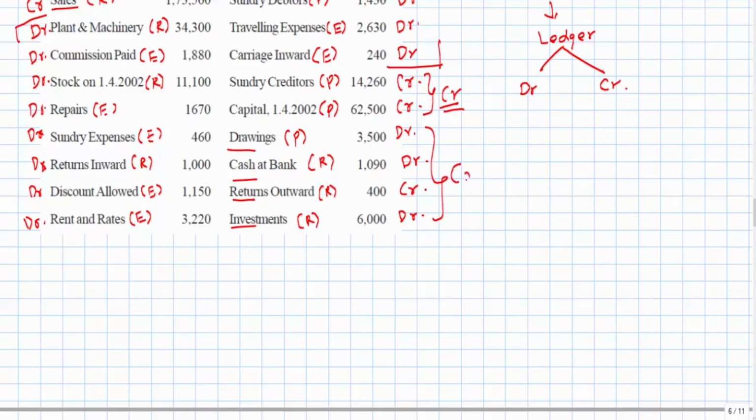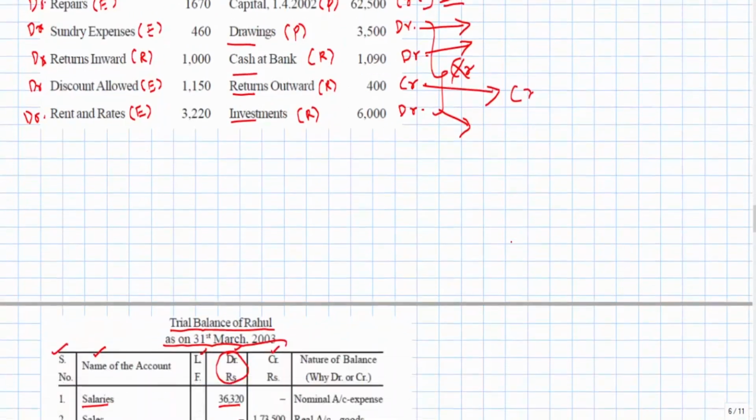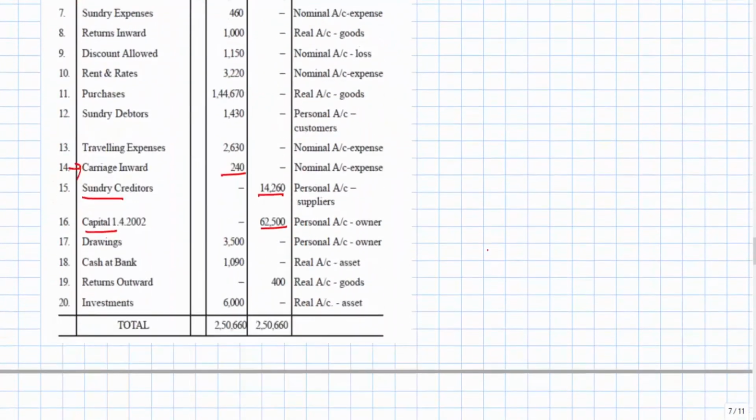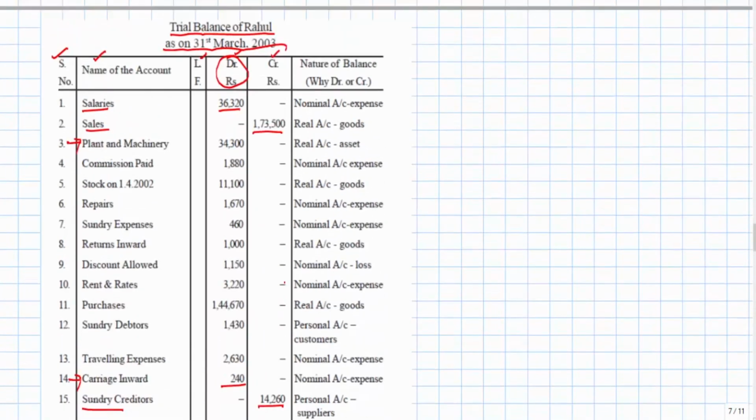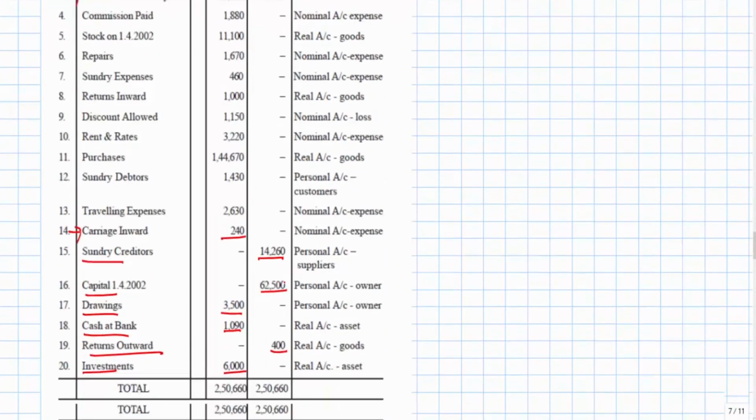I'm sorry, these items are having debit balances, but in particular return outwards is having credit balance. So drawings, cash at bank and investments will have debit balances. So let's cross check. Yes, drawings, cash at bank and investments are having debit balances, whereas return outwards is having credit balance.